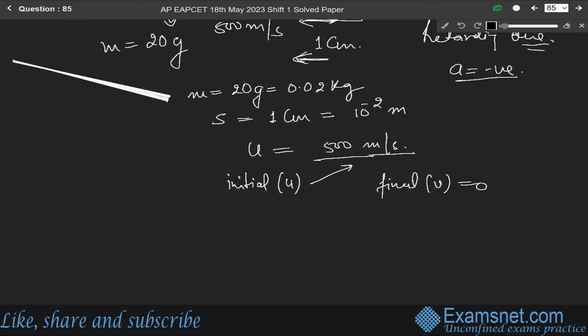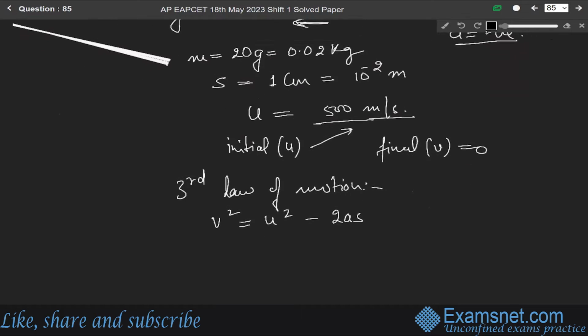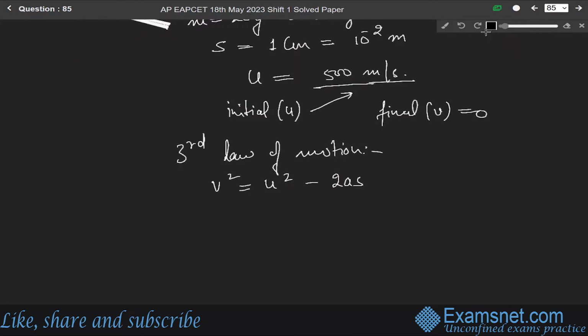Now, using the third law of motion, we write V square equals U square minus 2as. Here the final velocity is 0, the initial velocity is 500, so 0 equals 500 square minus 2 into A into S, where S is 10 to the power minus 2.